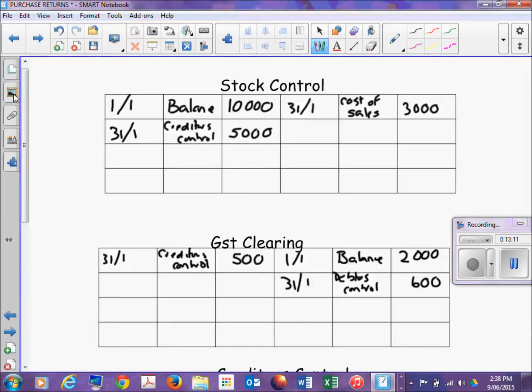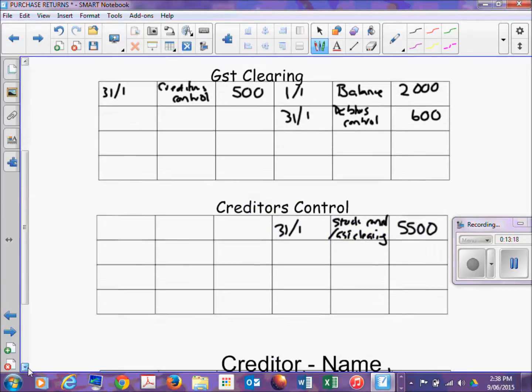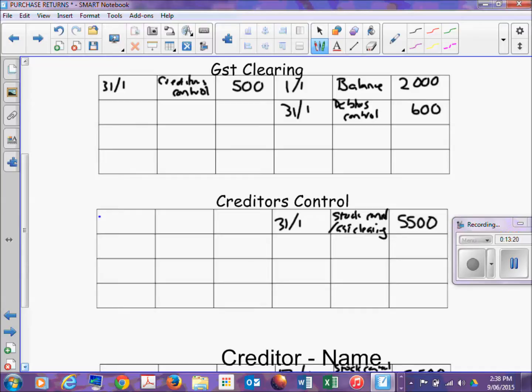Debit creditors control. So I go down to my creditors control and I write on the debit side. What will be the cross-reference in the creditors control account? Stock control / GST clearing.